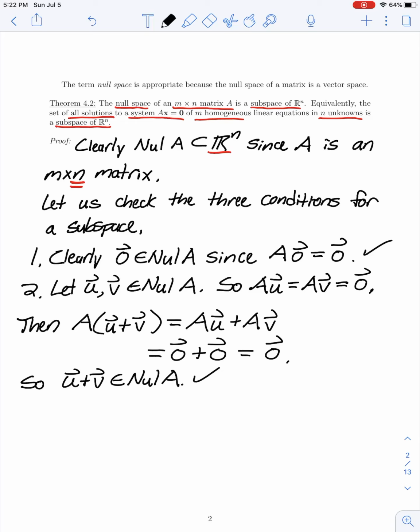So we've shown then that the sum u plus v is an element of the null space, so it is closed under vector addition. Now the third condition that we have to check for a subspace is that it's closed under scalar multiplication.